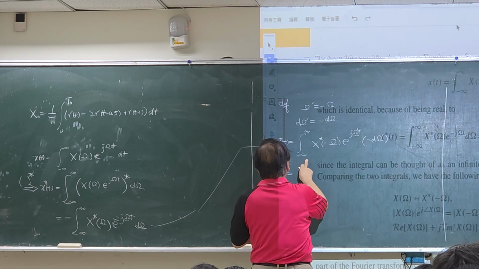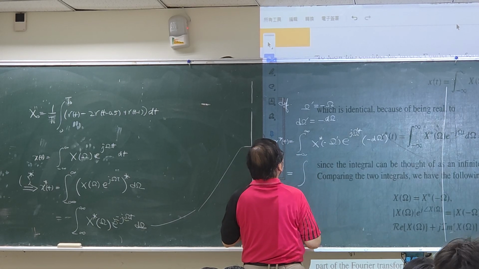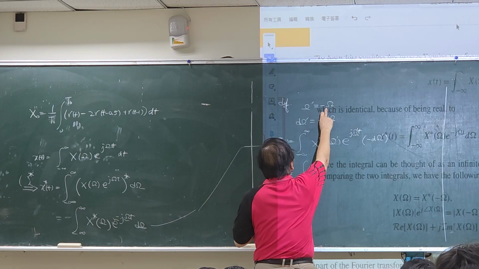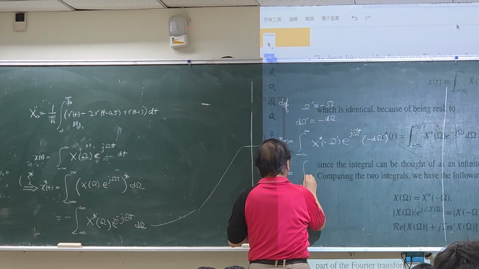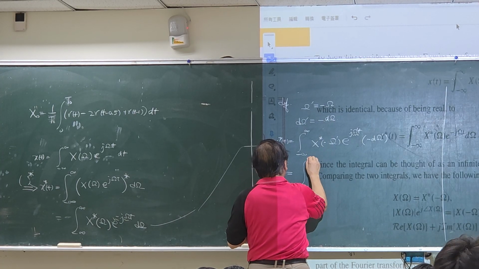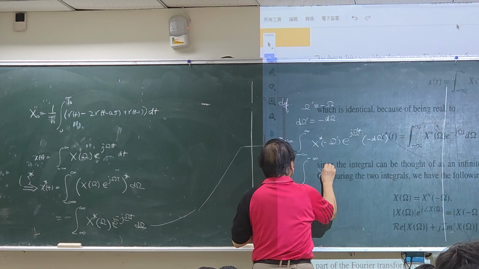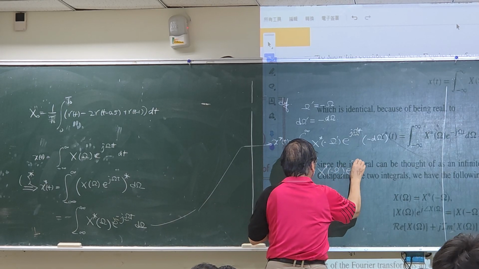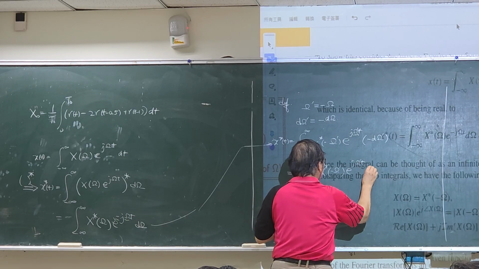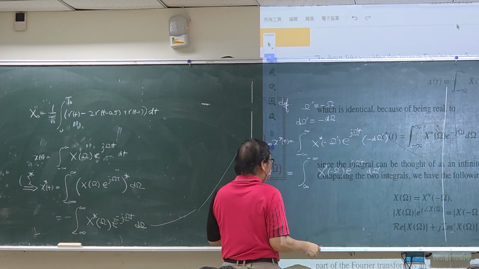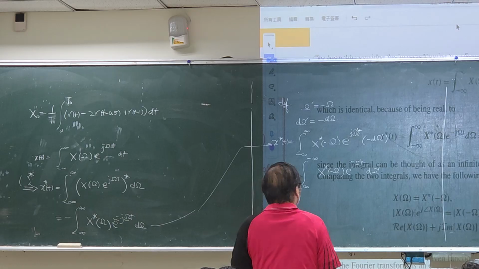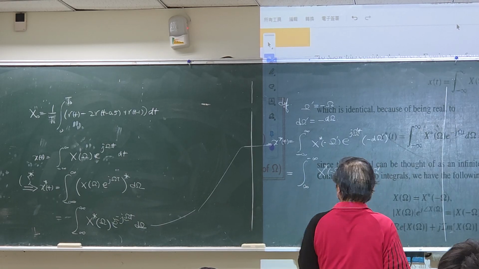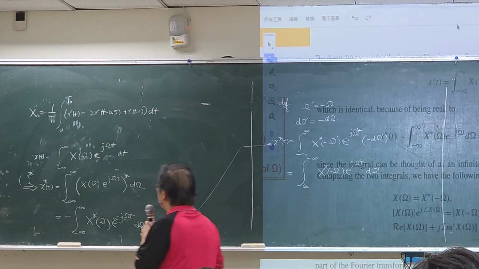So the lower limit is omega, then infinity. And then we carry the negative sign.